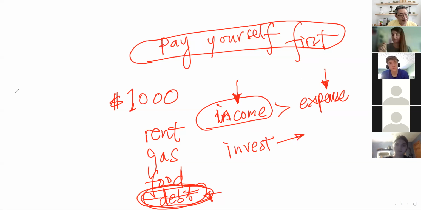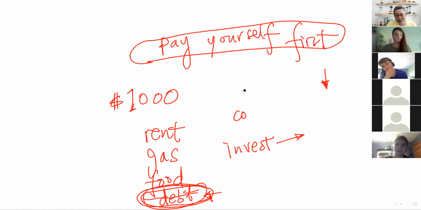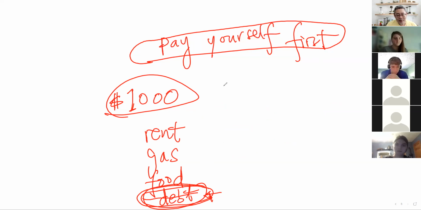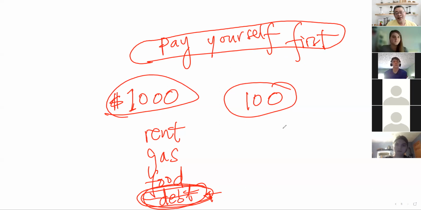This principle basically says that when you do the budget, you always put aside a certain amount for investment, say $100 per month, before you spend money on other things like a fancy iPhone. You put it aside, and that's called paying yourself first.